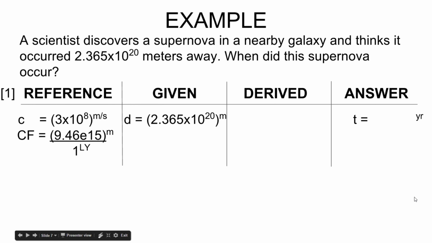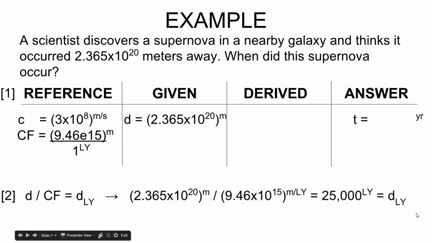In my second train of thought, I divide the distance by the conversion factor to get the distance in terms of light years. I plug in the numbers and calculate to get 25,000 light years is equal to the distance. I put that in my derived column, marking which train of thought gave me this result.